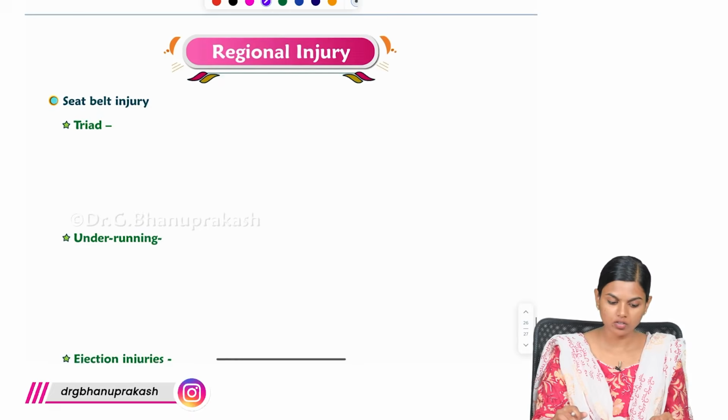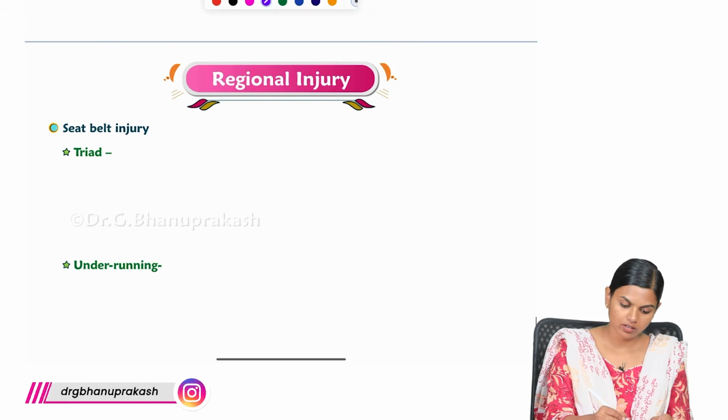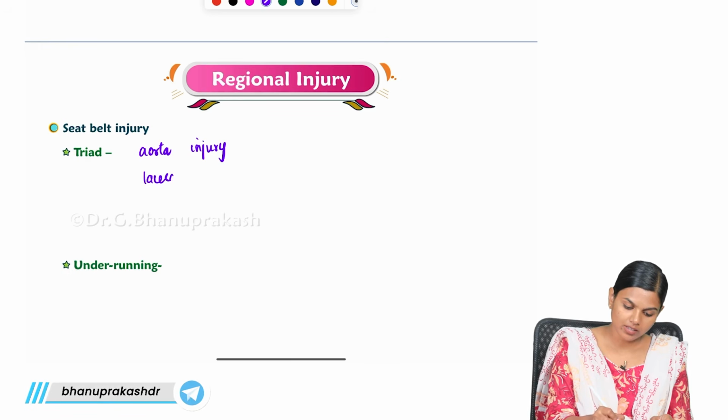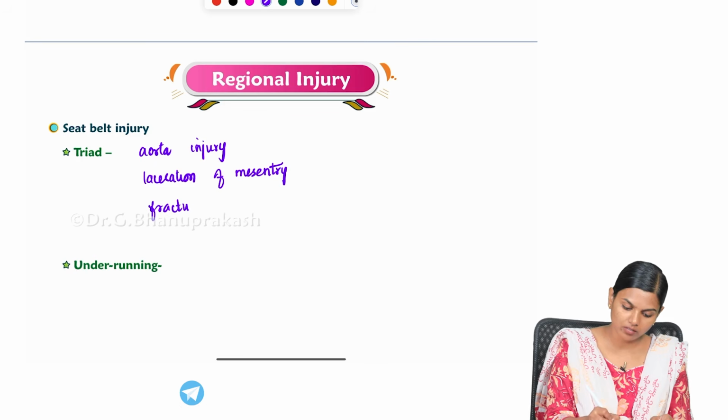And this seatbelt injury, the triad we call it: aorta injury, then laceration of the mesentery, and the fracture of vertebra.